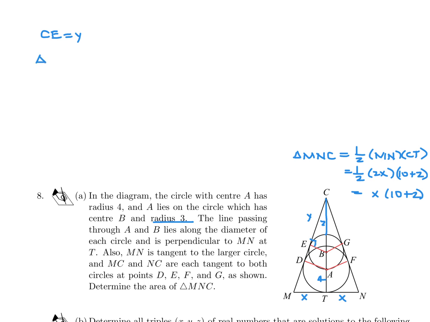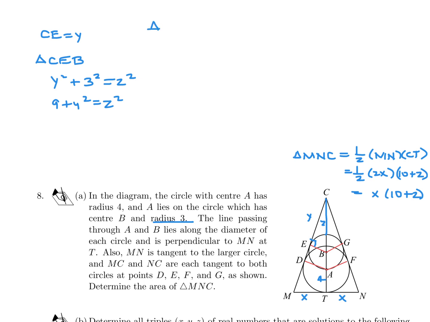So in triangle CEB, we've got a Pythagorean relationship. Y squared plus EB, the radius of the smaller circle, which is 3, so 3 squared, and then Z squared. So that is the initial setup. It would be 9 plus Y squared is Z squared, but unfortunately, I don't even have values of Y or Z, so we're going to have to come back to that one.